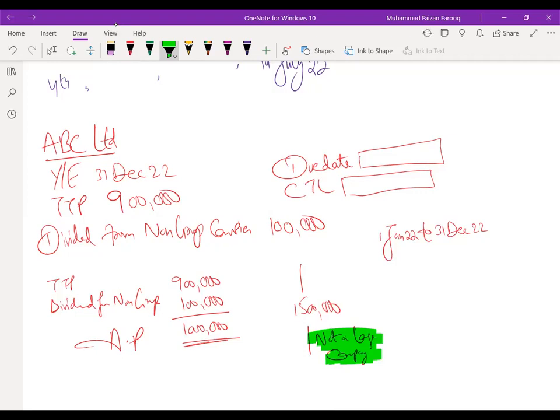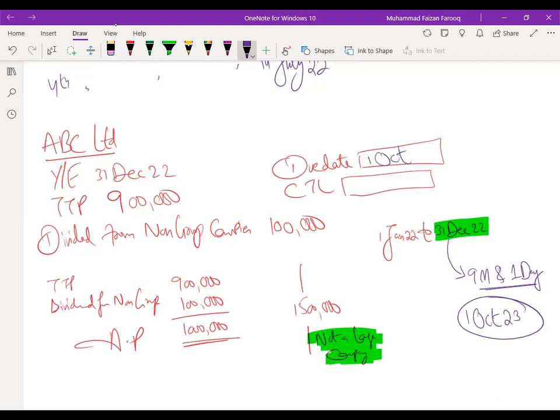One time payment will run from the beginning of the year or from end of the year? From end. And which month? 9 months and 1 day. Right. So what will be the date? First of October, right?